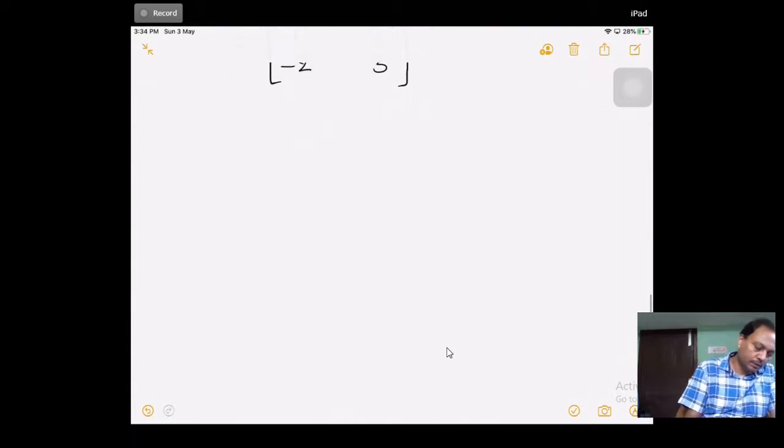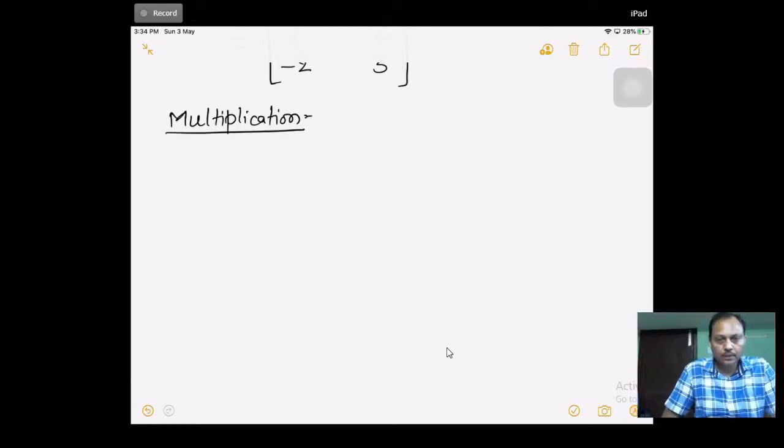Now the third basic operation is multiplication. There are two types of multiplication.